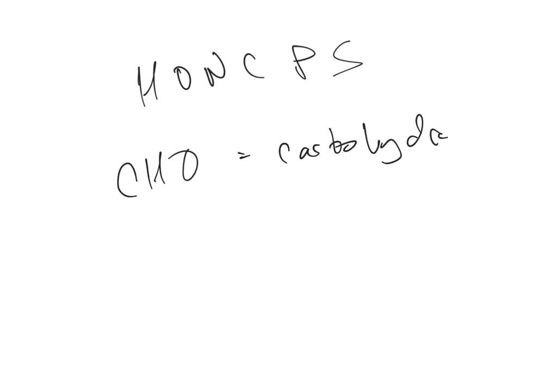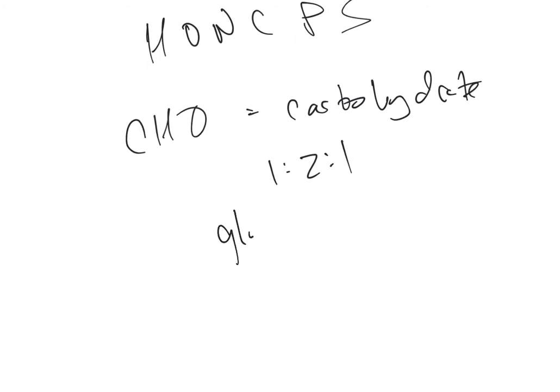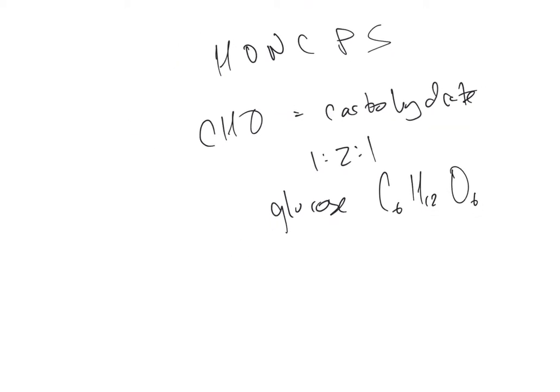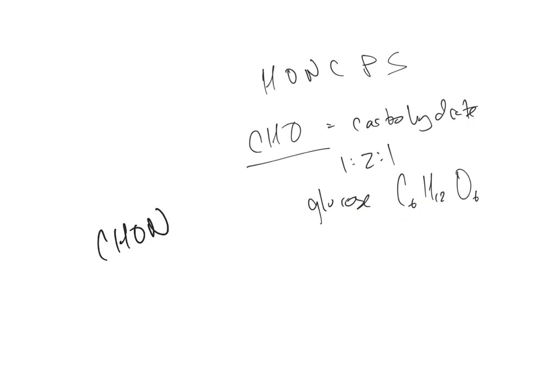Okay, so remember the HONCPS rule. Anything with CHO is a carbohydrate. All carbohydrates are 1-1-1, so glucose is C6H12O6. If you have CHON, you are a protein.